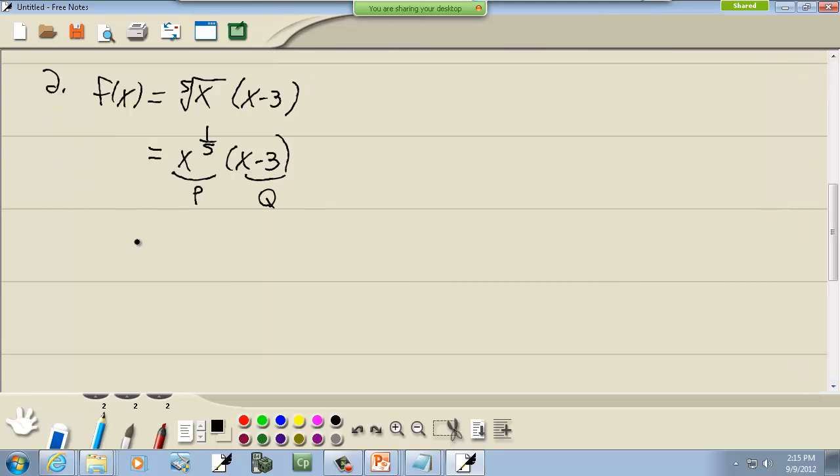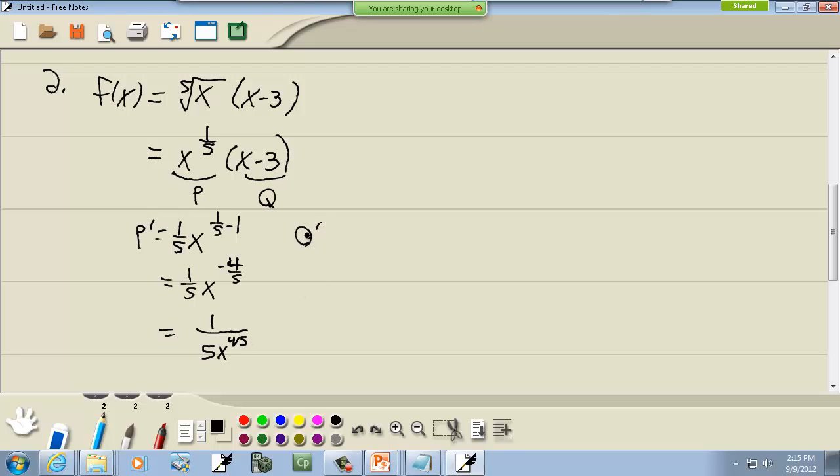Well, from our formula, we need p prime. So take the derivative of this, take your power, put it out in front, and lower that by 1. Well, that gives us 1/5 x to the negative 4/5. We don't want any negative exponents, so I'm going to take that and put it downstairs with the 5. So we've got x to the positive 4/5.